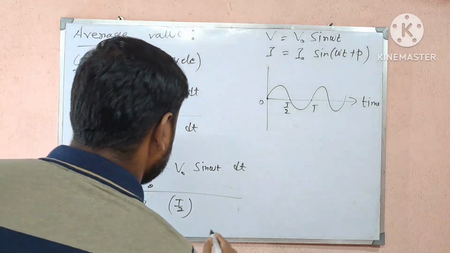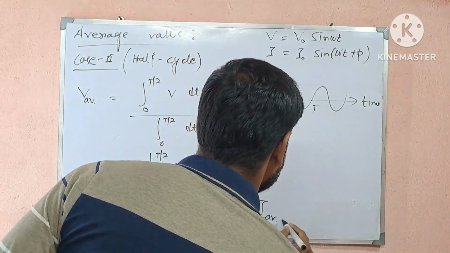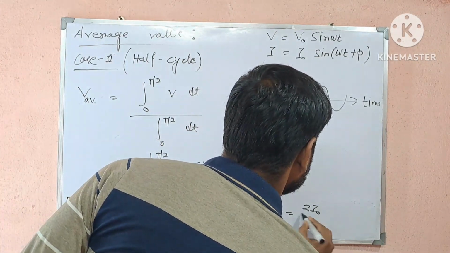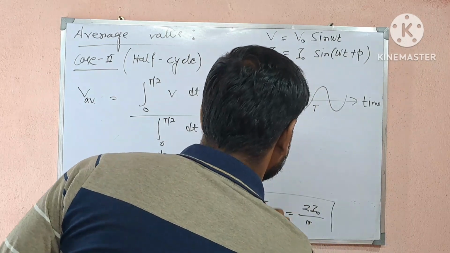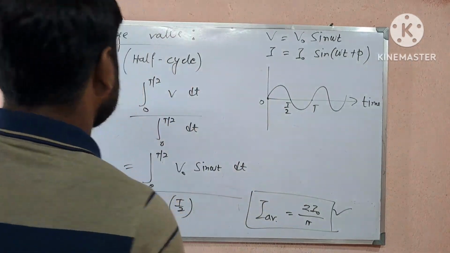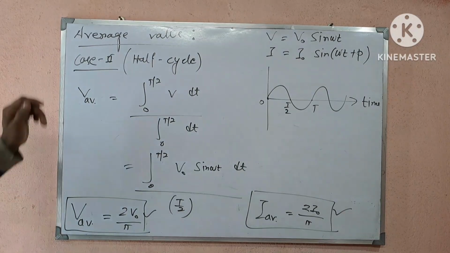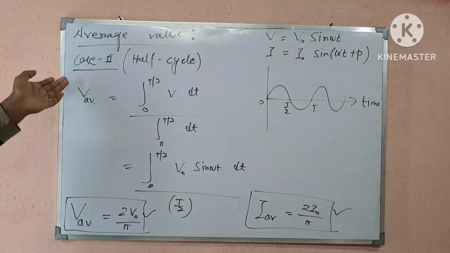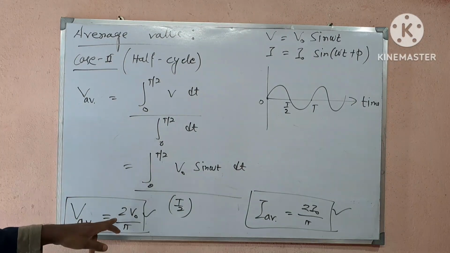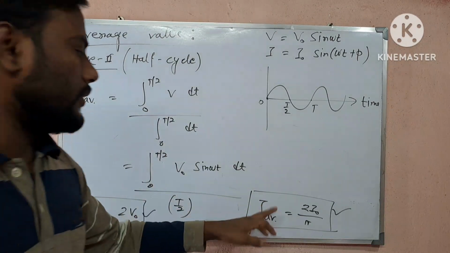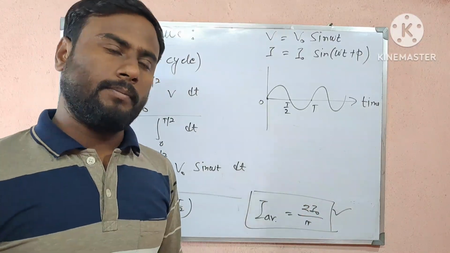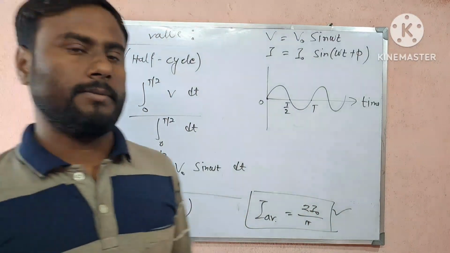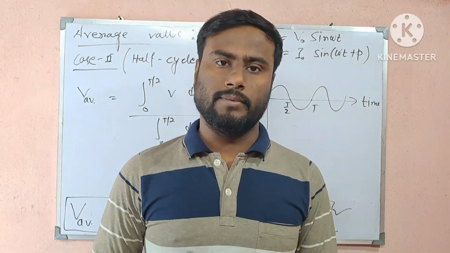Similarly, if we calculate, then the average value of current will also be 2 I0 by pi. So we have to remember these two results. In a full cycle, the average values of current and voltage both are 0, and in a half cycle, the average value of voltage is 2 V0 by pi, and for current that is 2 I0 by pi, where I0 and V0 are respectively the peak values of current and voltage.